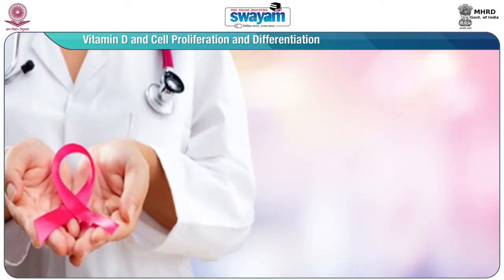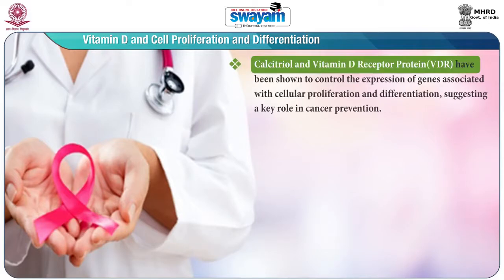Now, coming to the health benefits of vitamin D, let us see the role of vitamin D in cell proliferation and differentiation. Calciferol and vitamin D receptor protein have been shown to control the expression of genes associated with cellular proliferation and differentiation, suggesting a key role in cancer prevention.